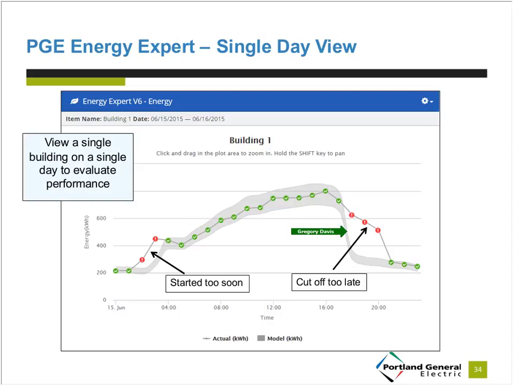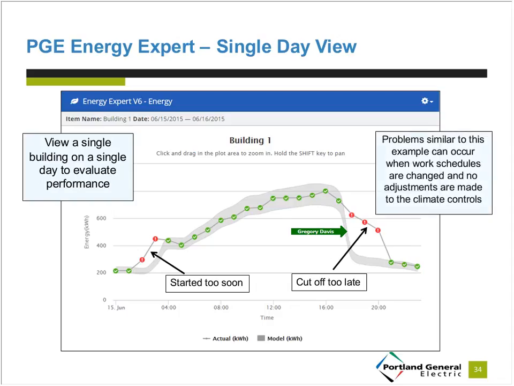And we can see at the end of the day, it might have cut off a little bit too late. And perhaps, for this particular instance, maybe there was a problem with the work schedule. Maybe the work schedule started earlier than expected and ended later than expected. That's a possibility. This could potentially be expected behavior.